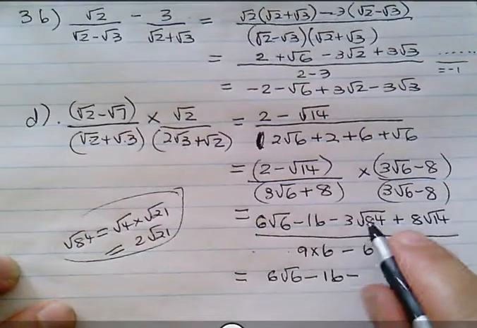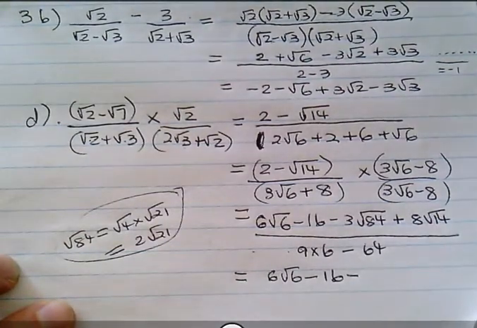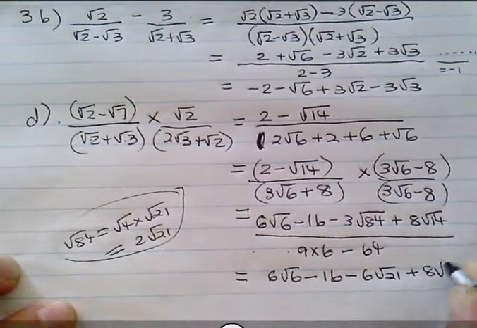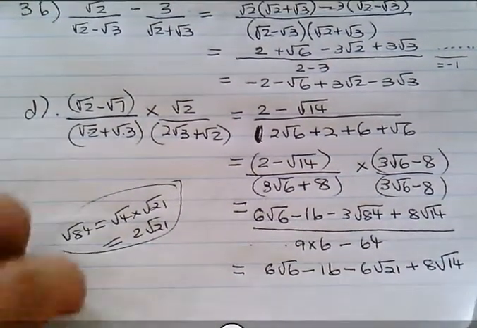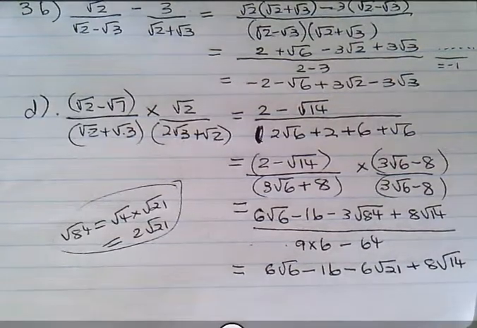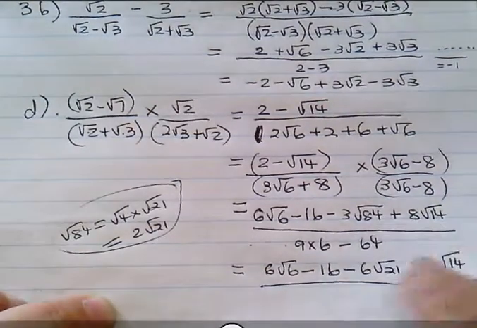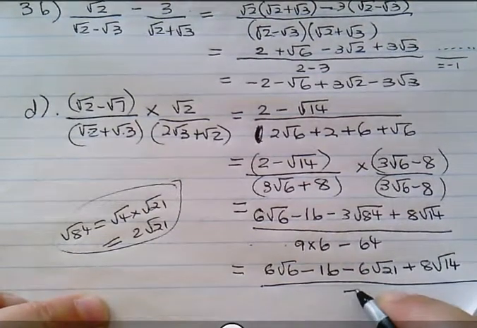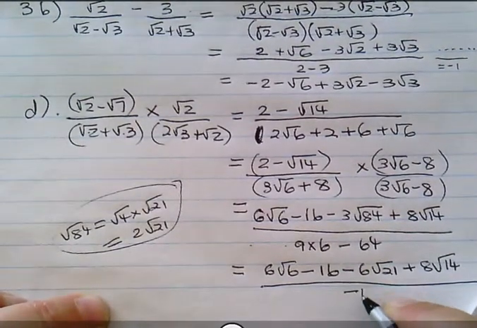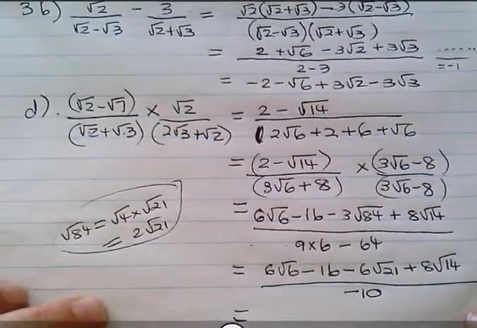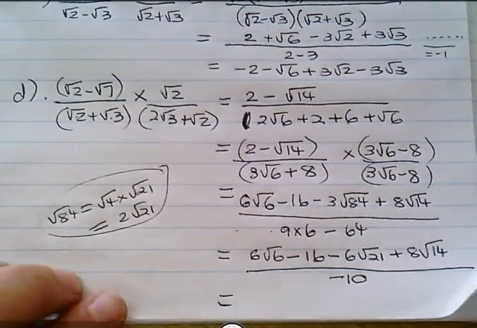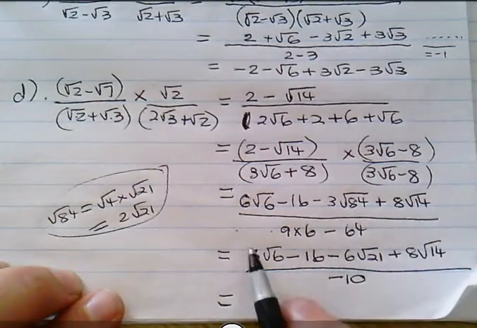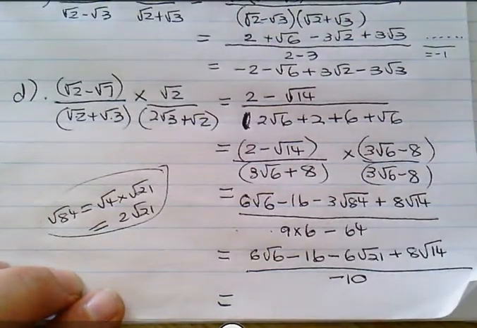So minus 3 times 2 root 21 is 6 root 21 plus 8 root 14. You can't simplify. 14 is 7 times 2. None of them are squared numbers. Over 54 minus 64. Negative 10. Do we want a negative on the denominator? No. So the first one will be negative. The second one's positive. The third one's, sorry, negative, positive, positive, negative.